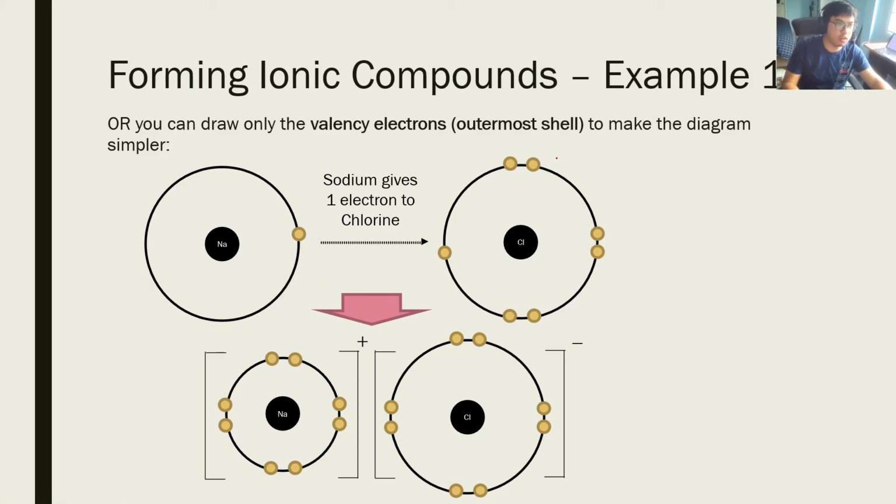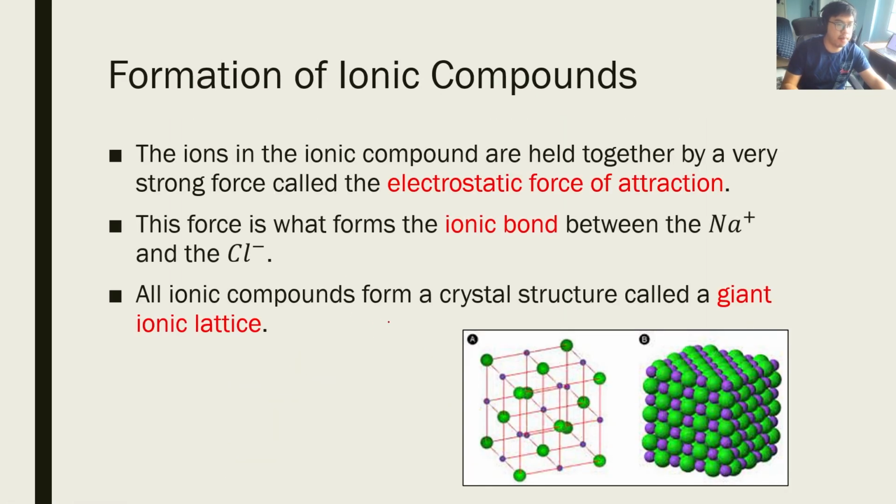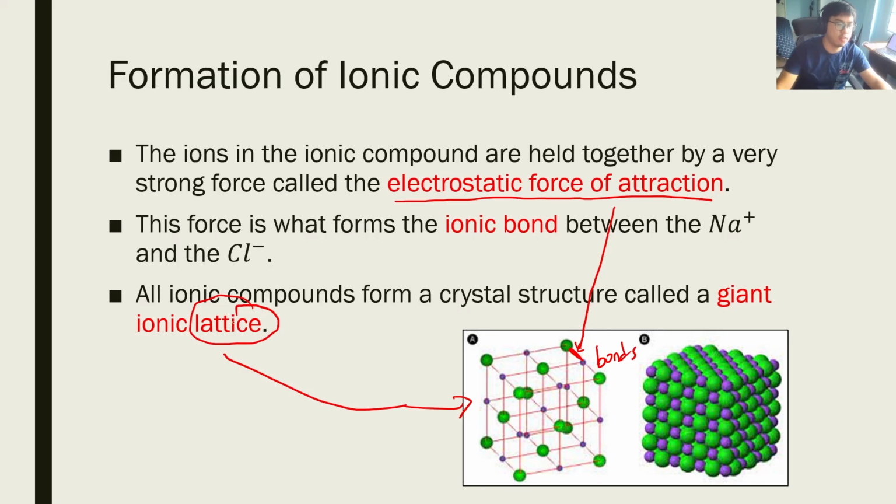You only draw the valency electrons. And also make sure you know these ionic compounds are held together by a force called the electrostatic force of attraction. Then these bonds here, these are what we call the bonds. And these bonds are basically held together by this force here. And you need to remember, what is this thing called? It's called a lattice. And that's all for this lesson.